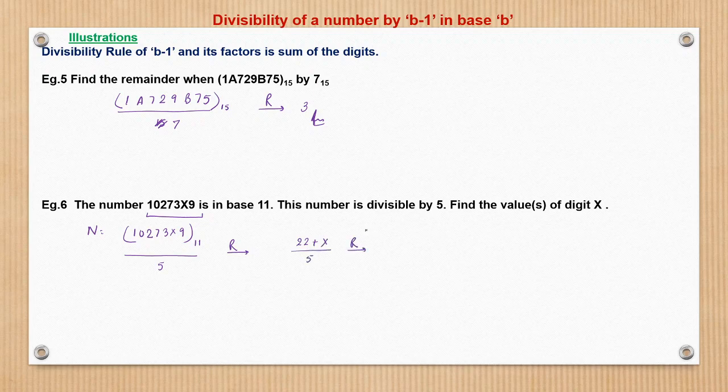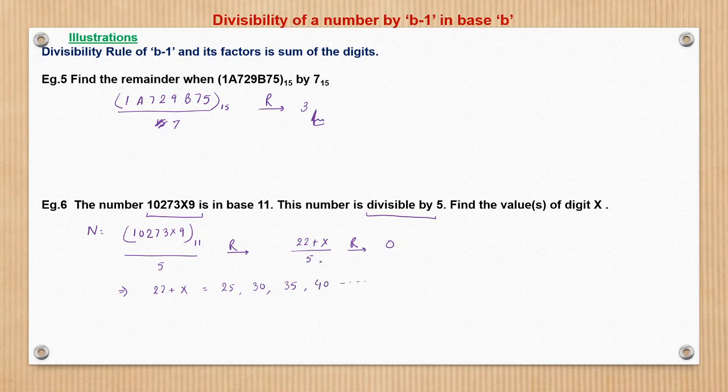Since this is perfectly divisible, the remainder should be 0. So 20 plus x, I mean 22 plus x, can be a multiple of 5: 25 or 30 or 35 or 40 and so on.